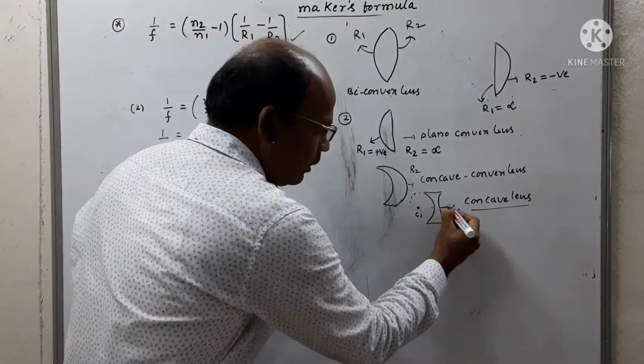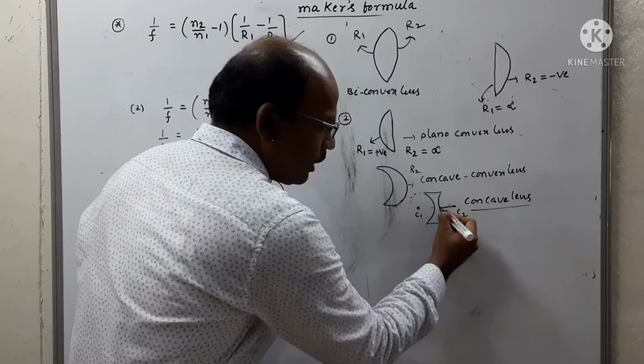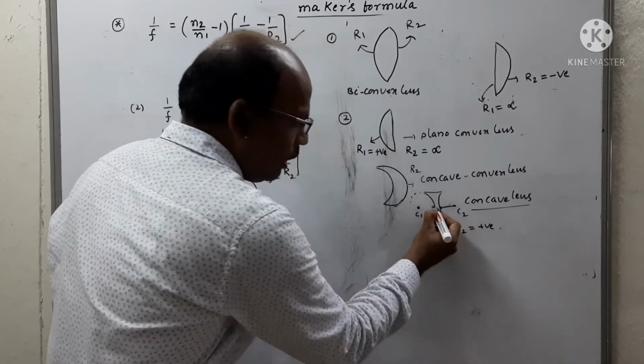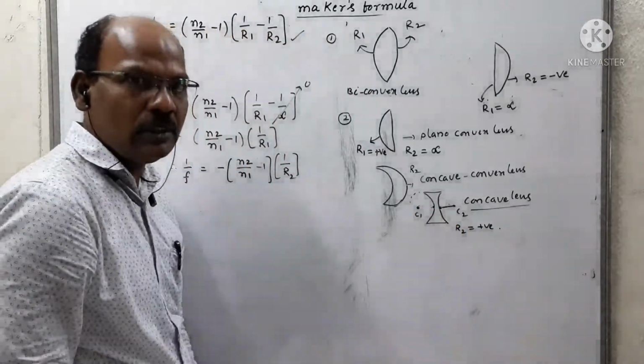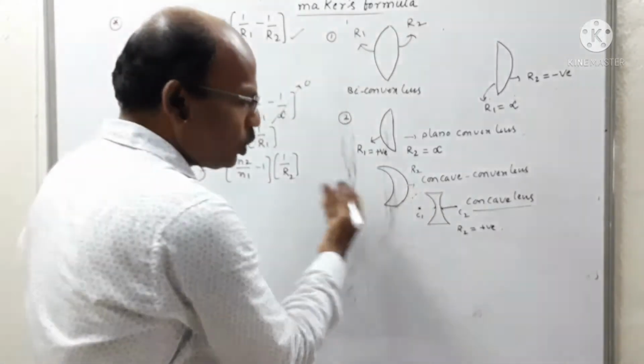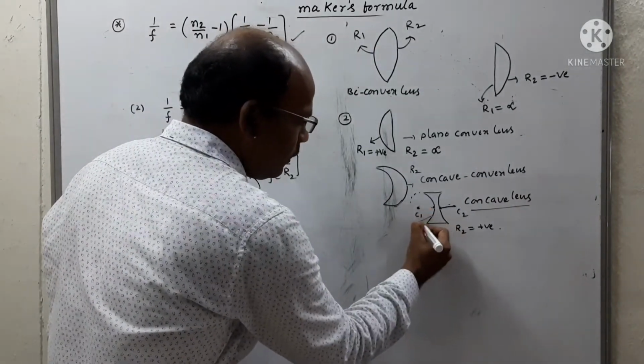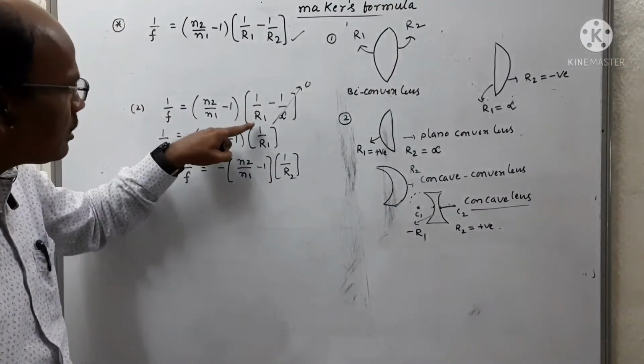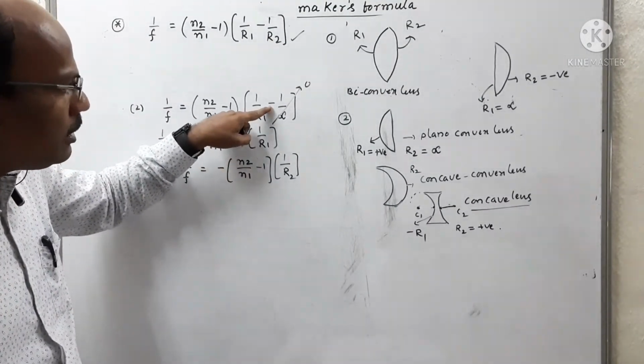Here we measure the radius of curvature of the second surface, so R2 is positive. And we measure the radius of curvature of the first concave surface towards the left, so this becomes minus. Simply we can write minus R1 and plus R2.